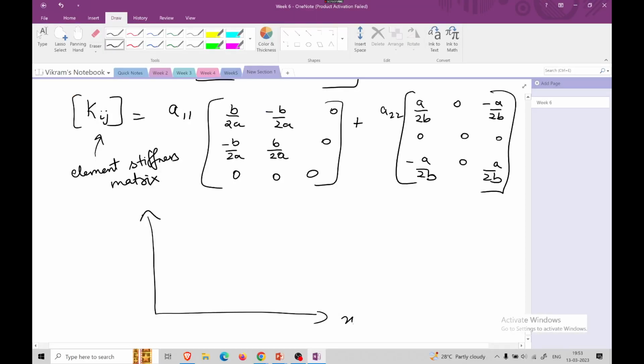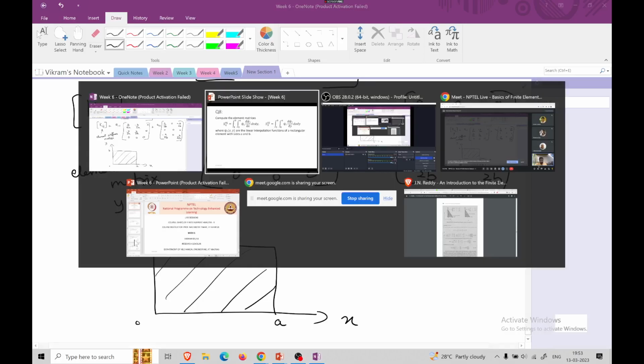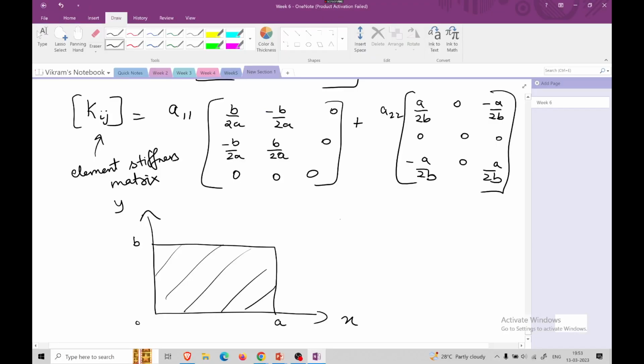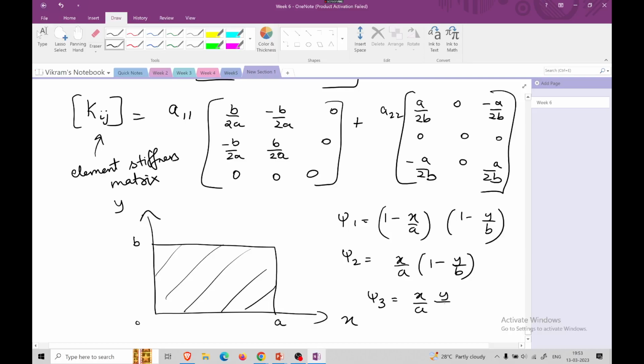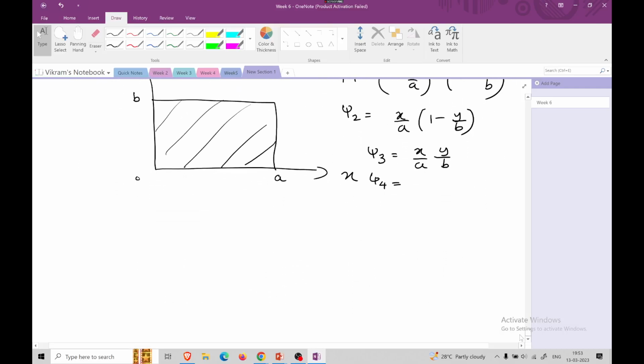We can assume that in the xy plane this is our rectangular domain, so this is 0, this will be A and this will be B. Psi 1 is equal to 1 minus x by A into 1 minus y by B. Psi 2 we also developed: x by A into 1 minus y by B. Psi 3 will be x by A into y by B. Psi 4 will be y by B into 1 minus x by A.